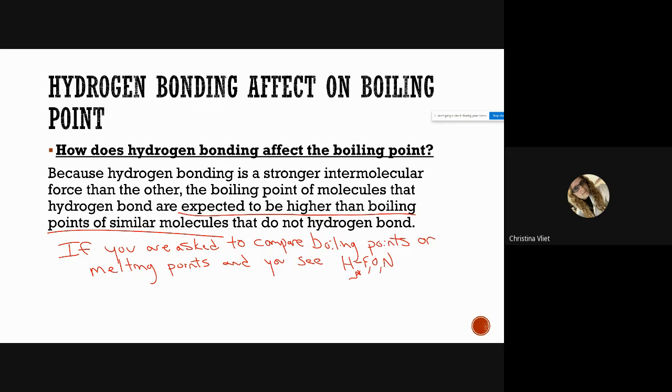The answer is the answer of why the melting point, boiling point, is so much higher.